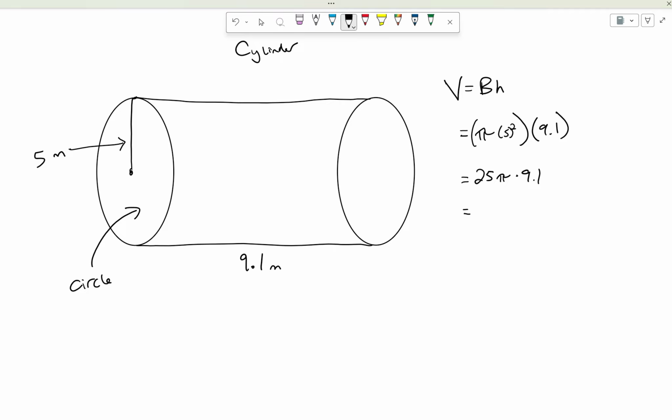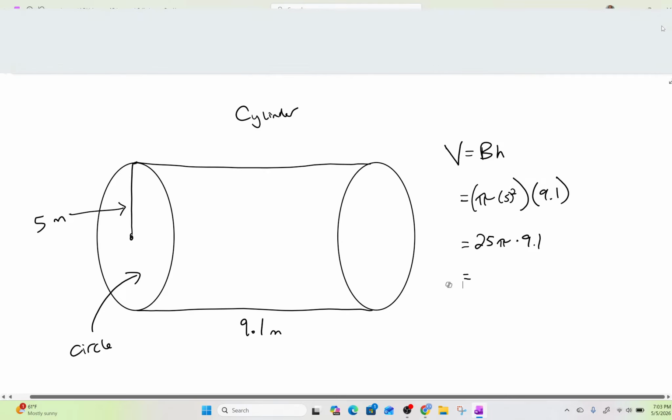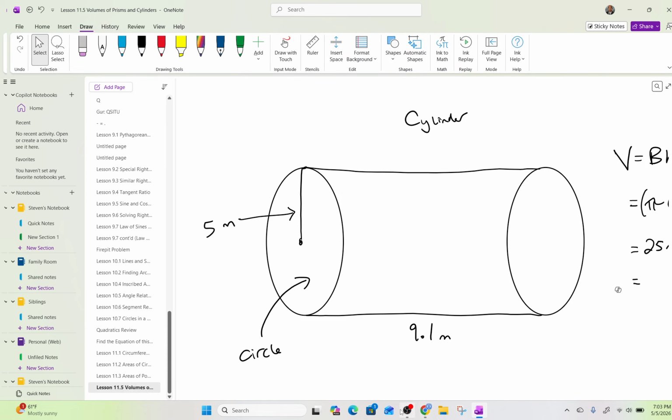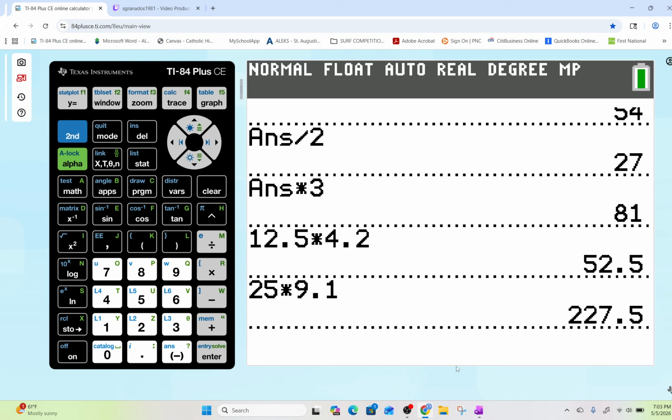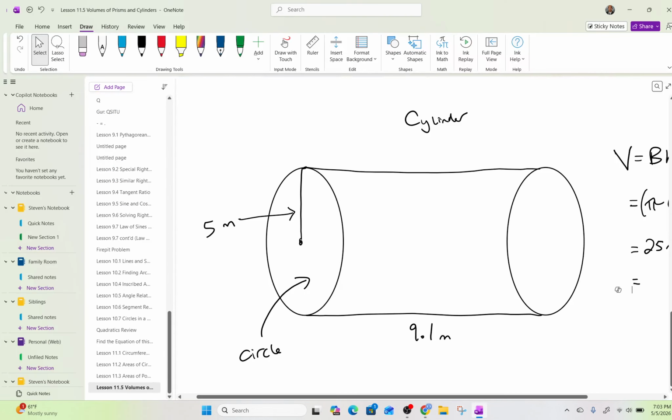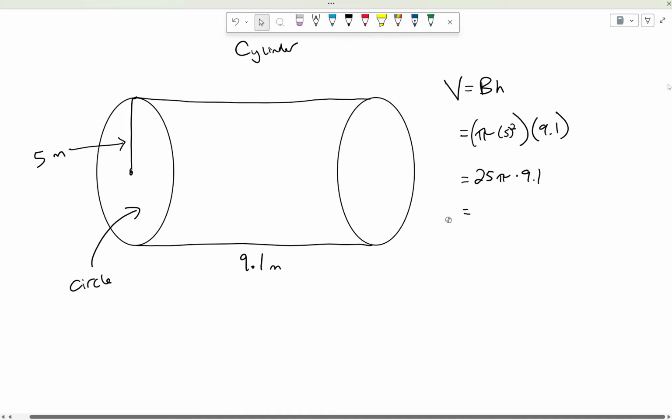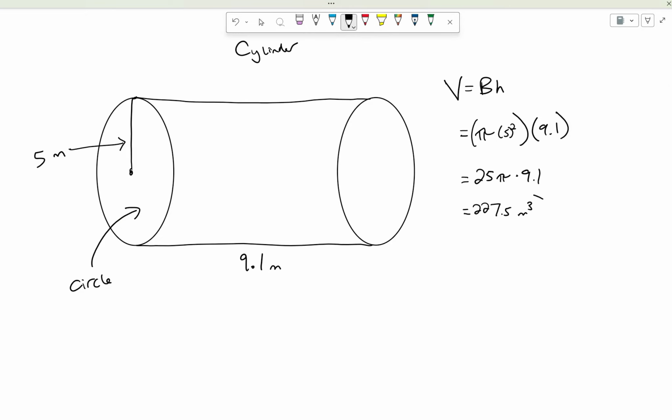We put that in our calculator, of course, and that's 227.5. And of course, that's meters cubed. Oh, 227.5 pi meters cubed. That pi didn't just disappear.